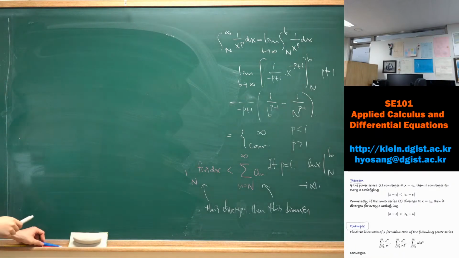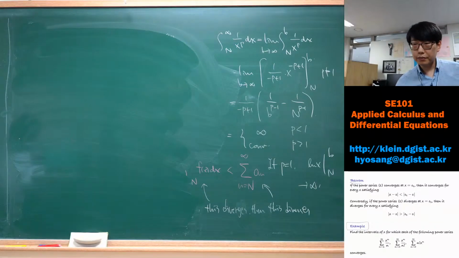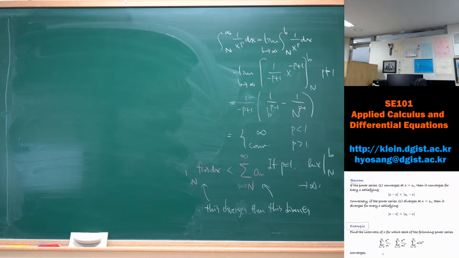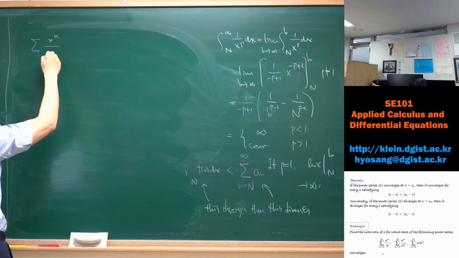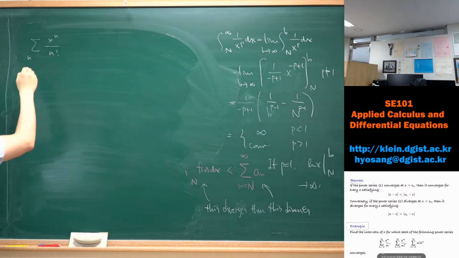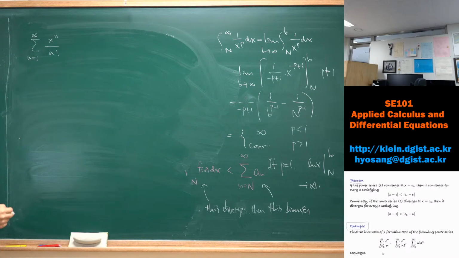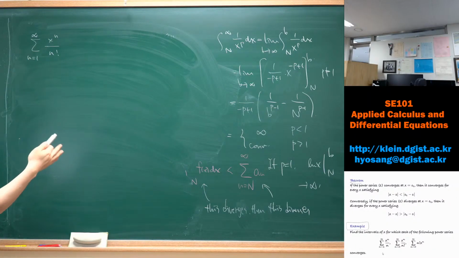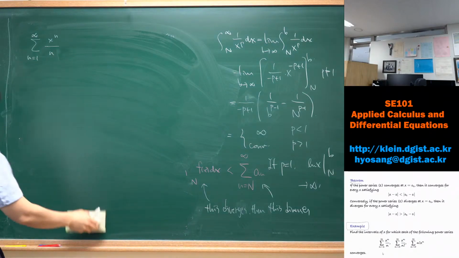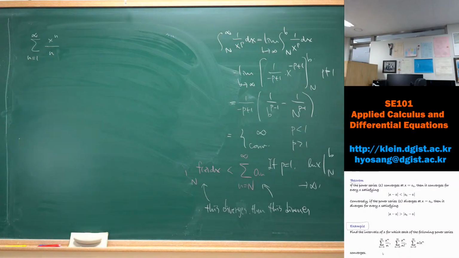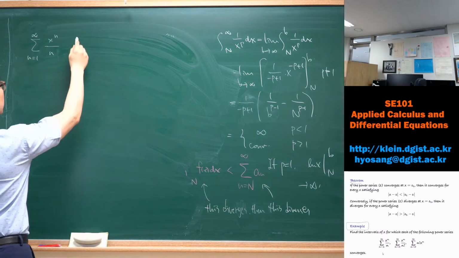So let's look at the first one: x to the n, n from 1 to infinity. Suppose that we have a given fixed x and try to find out the convergence and divergence of this series.